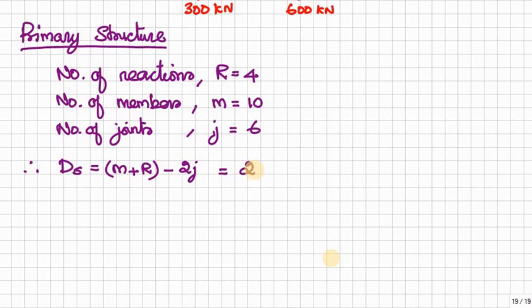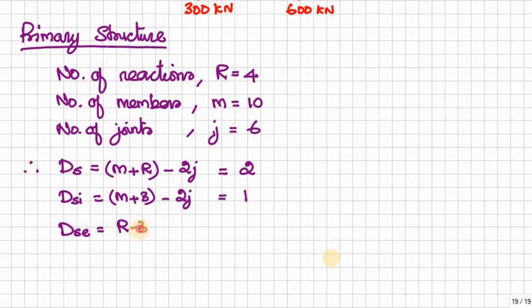Then you have totally two. In order to find separately which are the redundants, we calculate using the expression DSi is equal to M plus 3 minus 2J, which is equal to 1. That means we have internal static indeterminacy of one, one extra member.